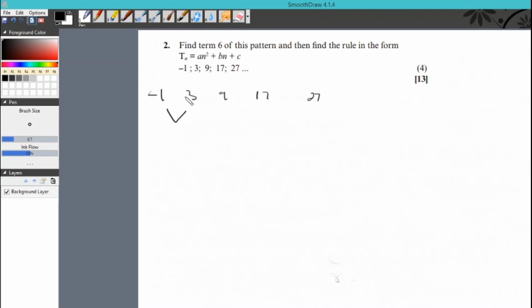First difference: 3 minus minus 1 is 4. 9 minus 3, oh sorry, it's not 5, 9 minus 3 is 6. 17 minus 9 is 8. 27 minus 17 is 10.